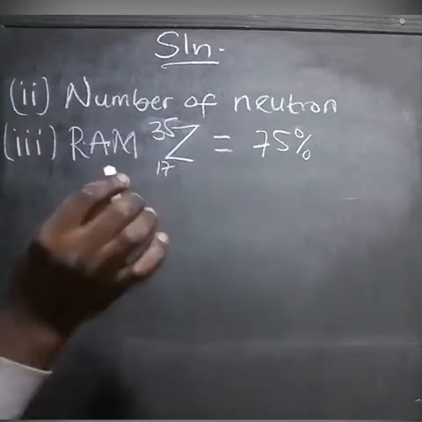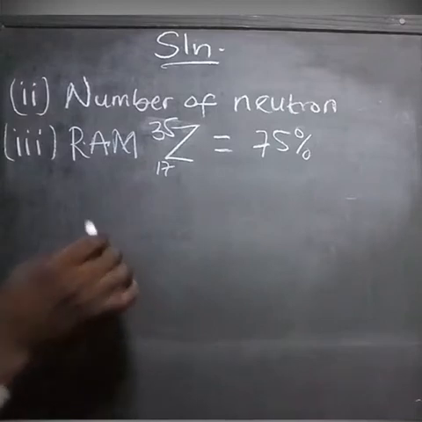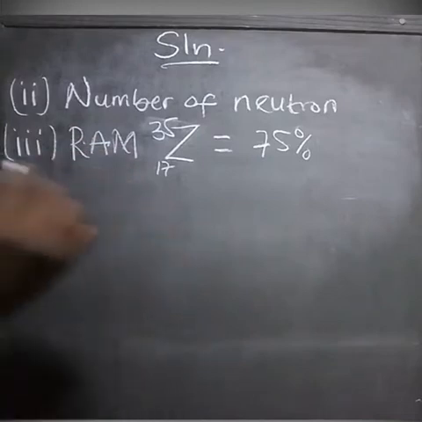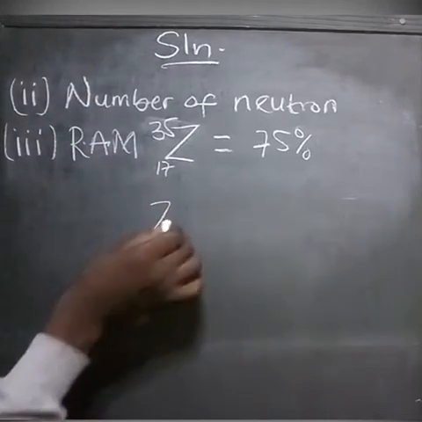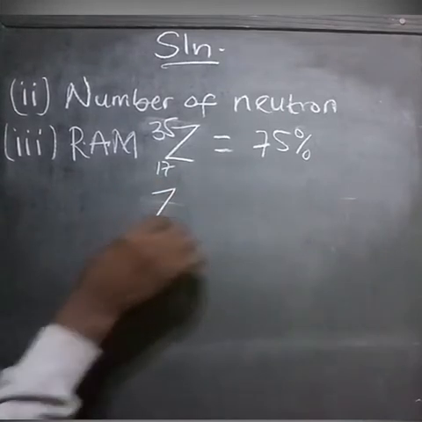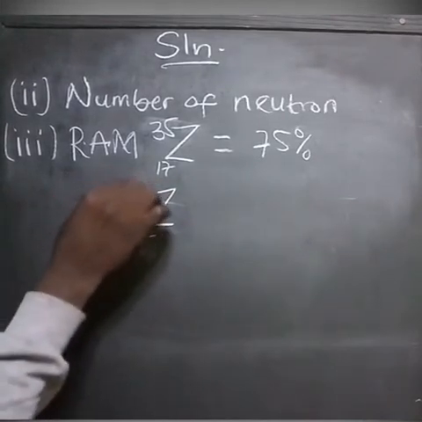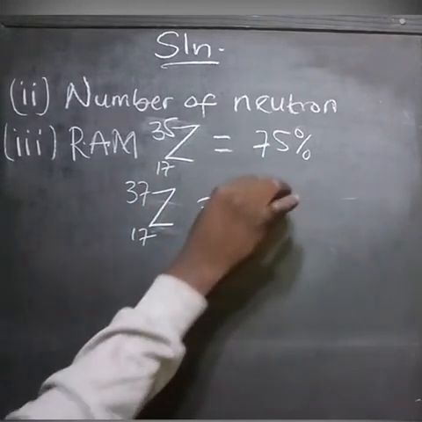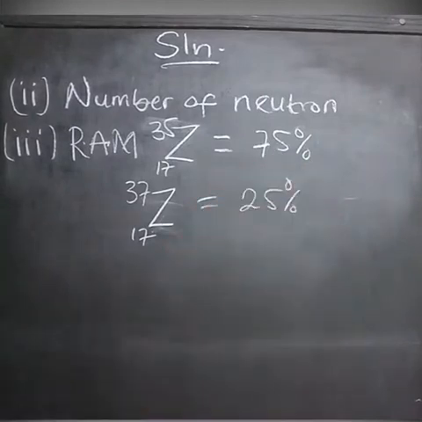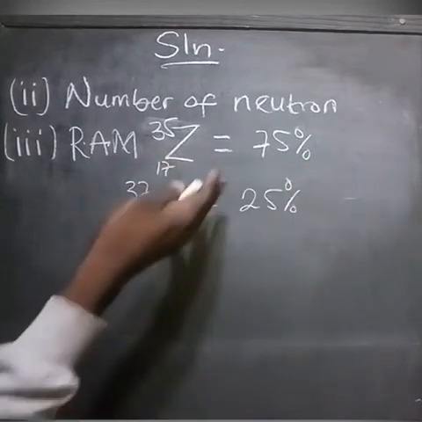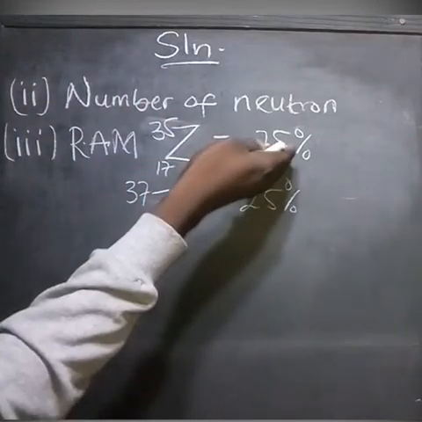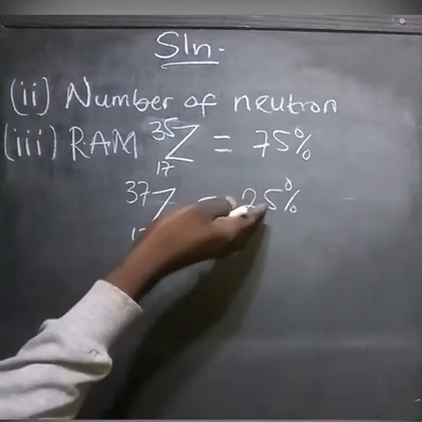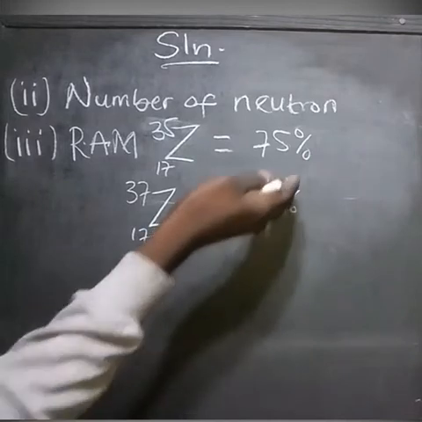Since we are given two atoms of the element, that is isotopy, they exist with different masses, so definitely our Z17 with mass number 37 will be equal to 25% in the combination. Why? Because we are calculating with percentages, and this one is given as 75%, so definitely the remaining one is 25%.